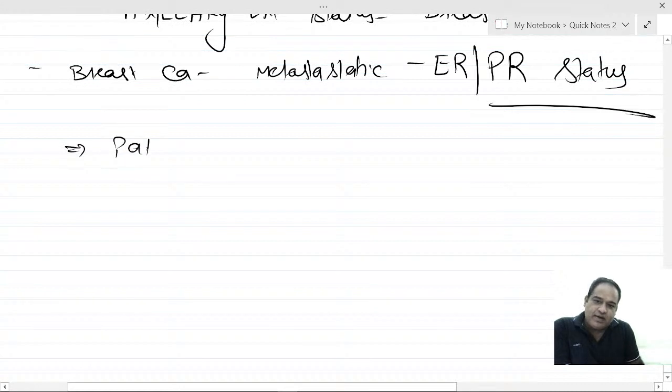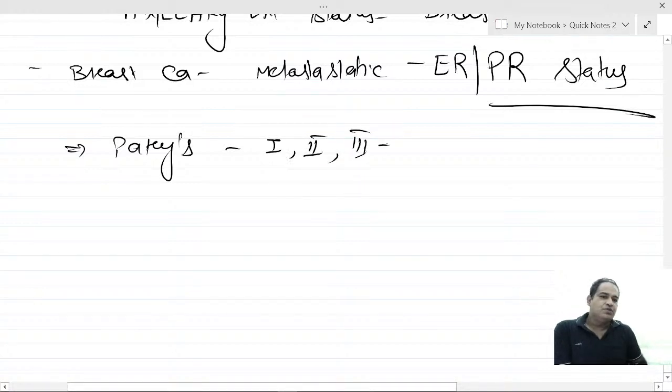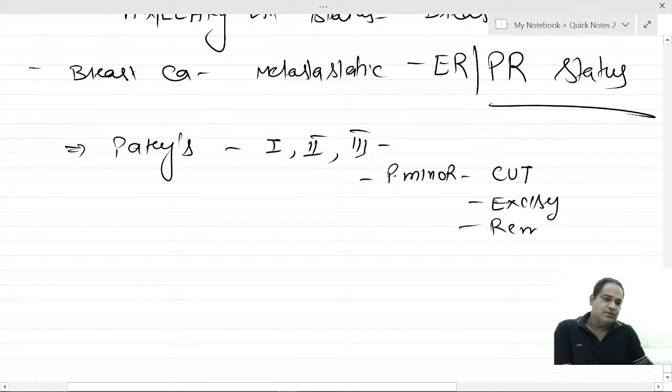The different types of mastectomy: in Patey's mastectomy, we remove level 1, level 2, level 3 lymph nodes, and pectoralis minor is excised, removed.